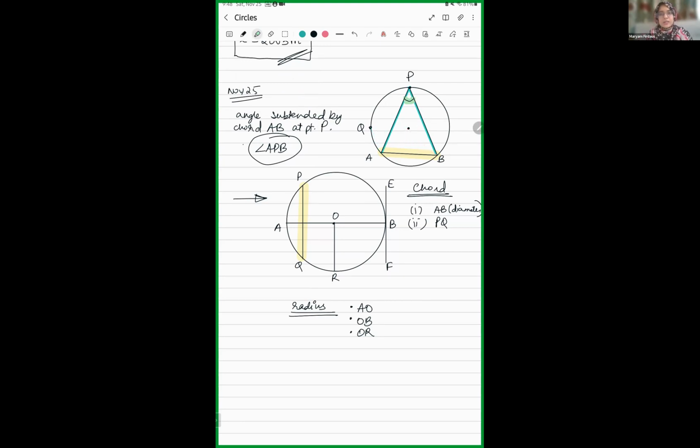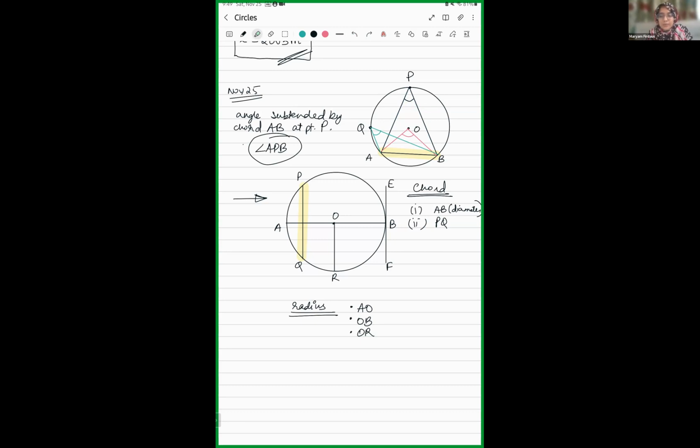Okay, can you clearly see what it means? Angle subtended by chord AB at point P. Zen, Riaz, understood this? Yes, ma'am. Okay. Now, there are a few more angles over here. Angle subtended by chord AB at point O. Can you tell me, which angle is it? Angle subtended by chord AB at point O, at the center of the circle.